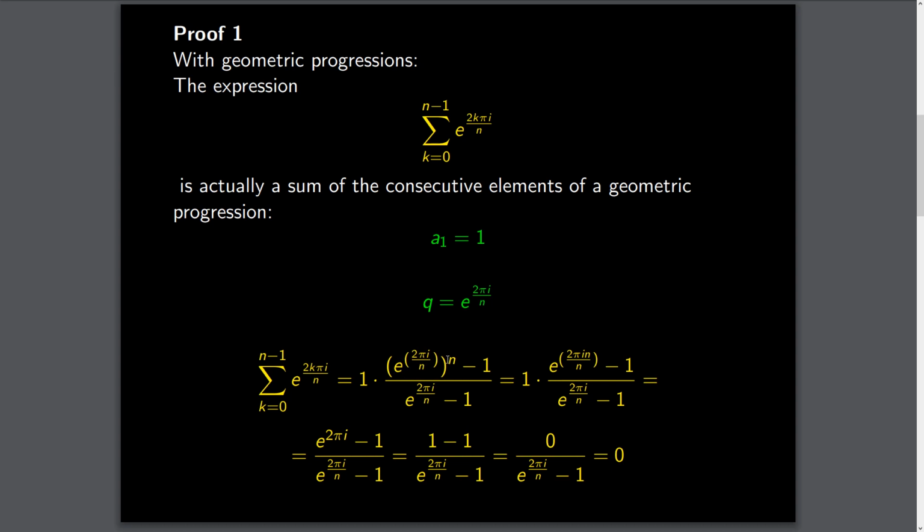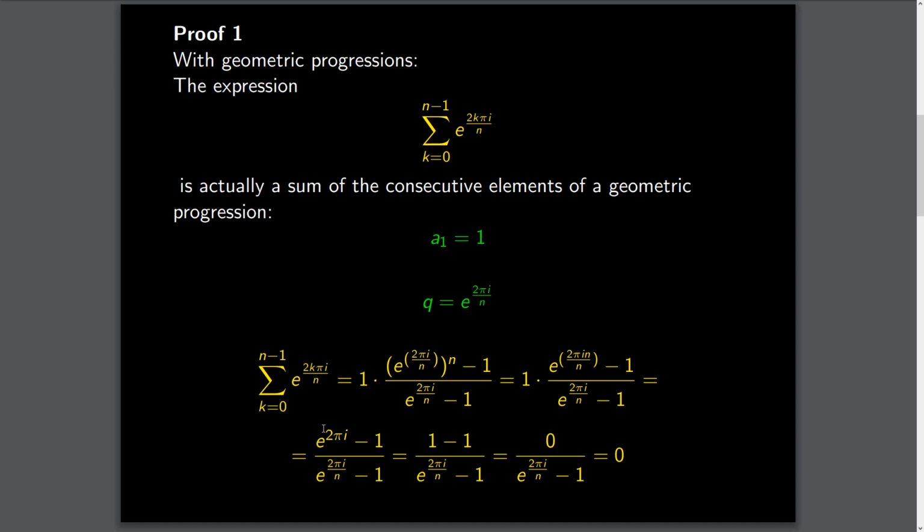Now, how you can manipulate this expression is that e to the 2 pi i divided by n, to the power of n, is going to be e to the 2 pi i n divided by n. You're simply multiplying the other exponent with this exponent. So n in the numerator is going to cancel out n in the denominator. Therefore, you obtain this formula: e to the 2 pi i minus 1 divided by e to the 2 pi i divided by n minus 1.